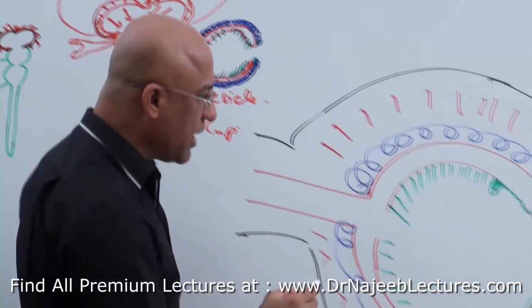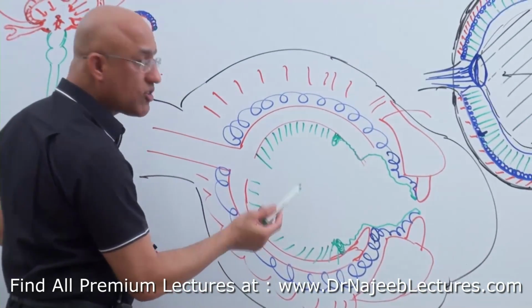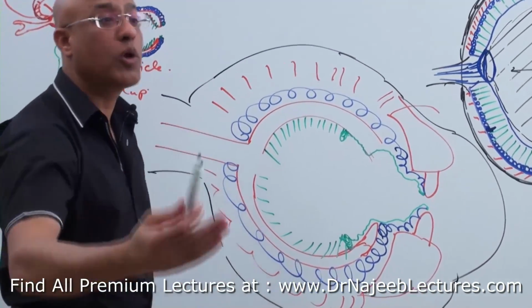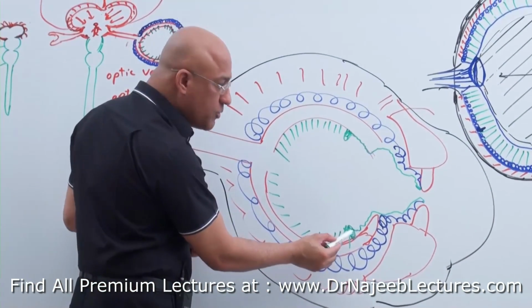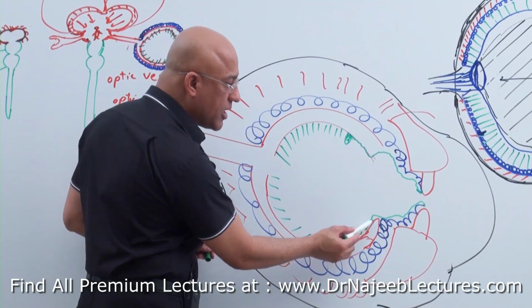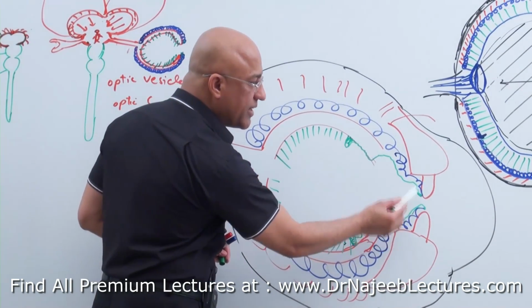Behind it, rods and cones are added, and it becomes the visual part of the retina. Some authorities say there is a non-visual part of the retina and a visual part. The visual part continues up to the ora serrata, and the non-visual part continues as a double epithelium on the ciliary body and behind it.